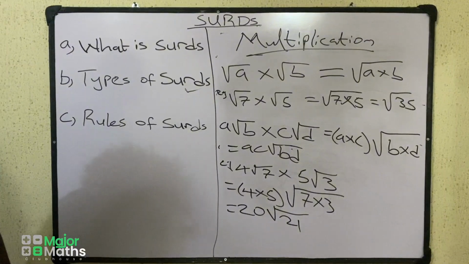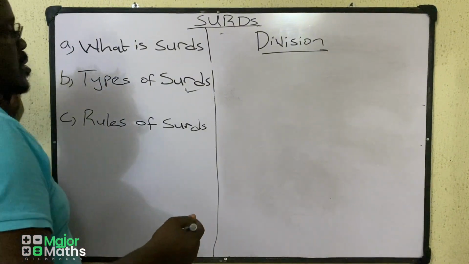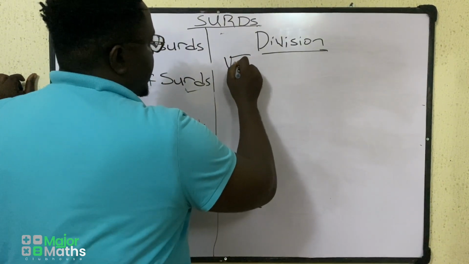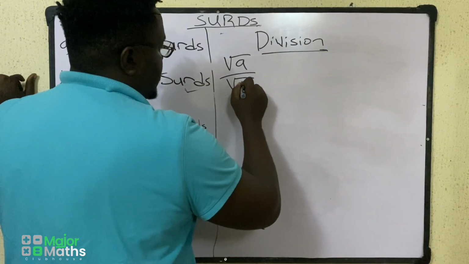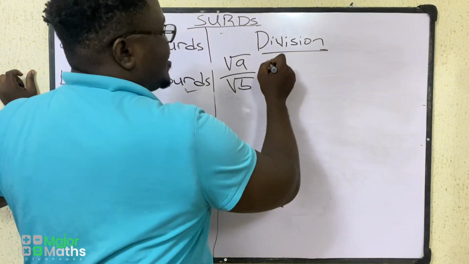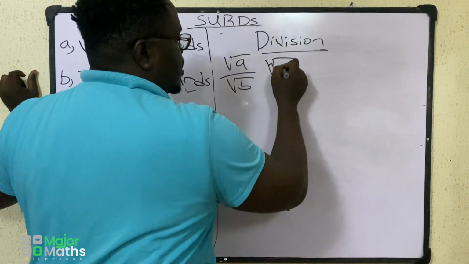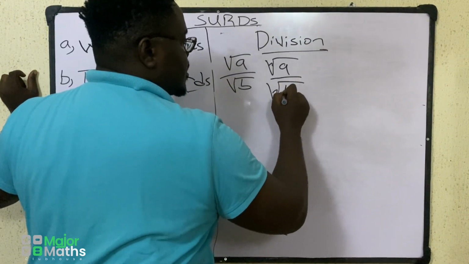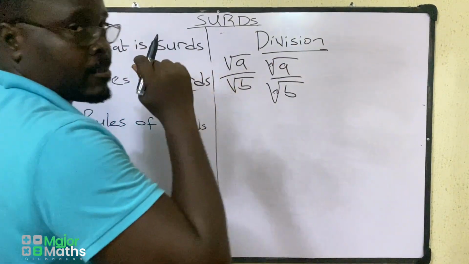So up next, division. Similar to the way we did multiplication, we could say root a over root b. We could also say nth root of a over nth root of b, as long as they have the same power.